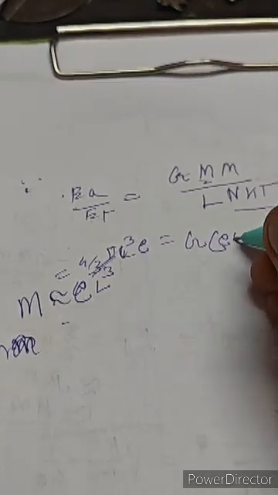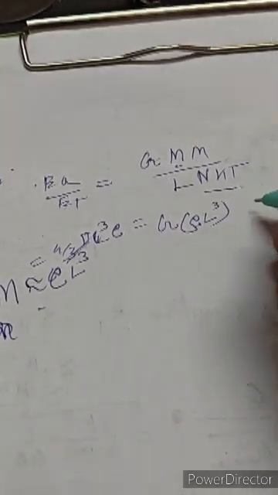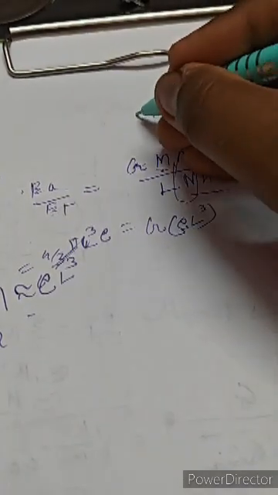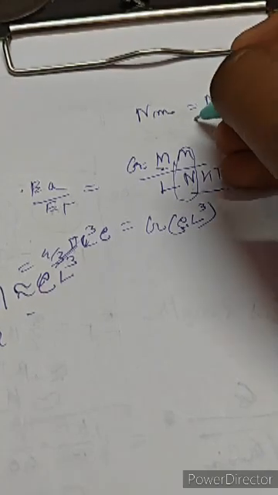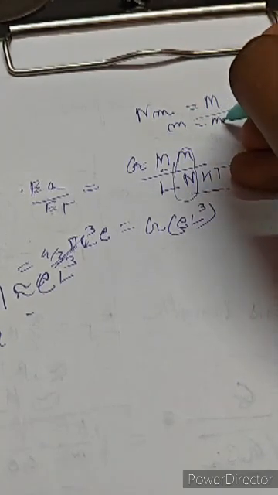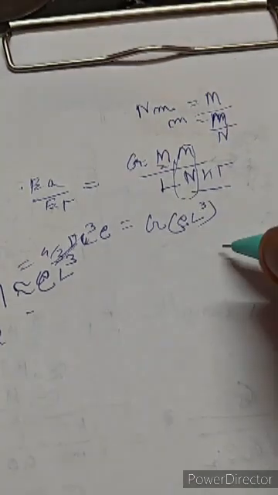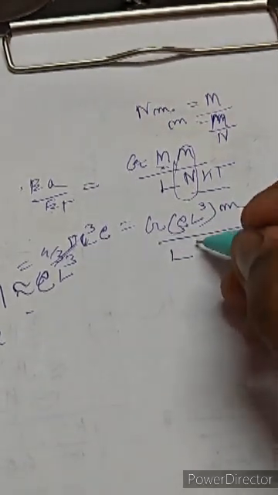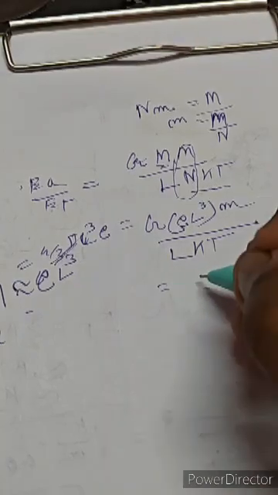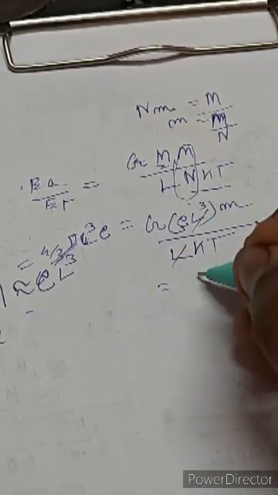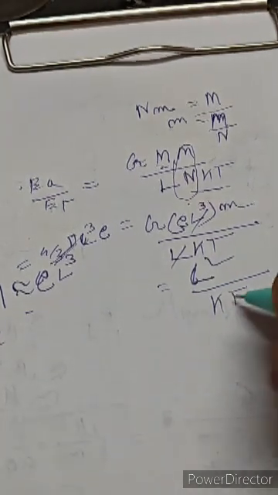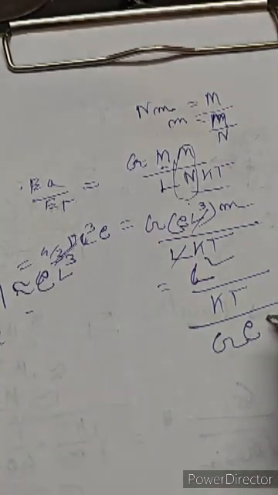We put it here, and M by N is small m, because N times m is equal to capital M. So M is equal to capital M by N. Putting it here, we get G rho L square m by kT.